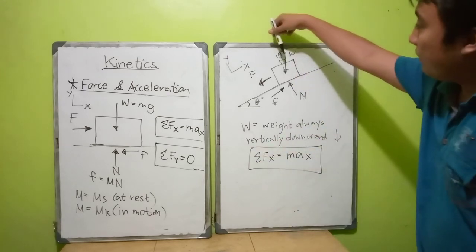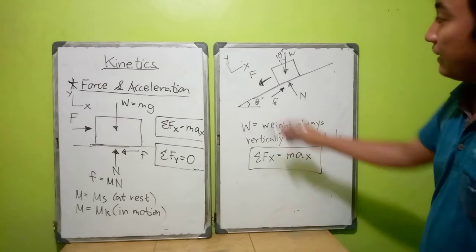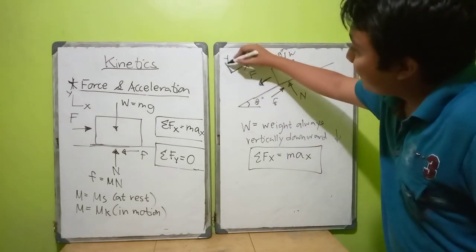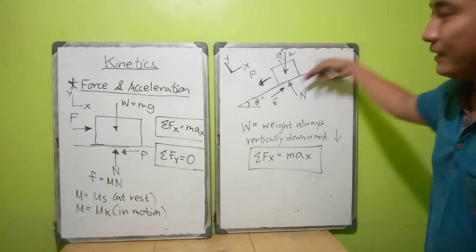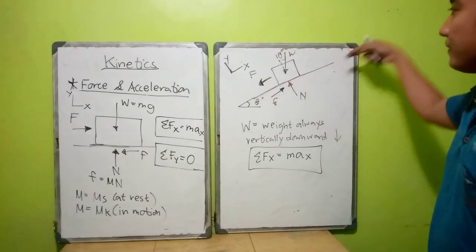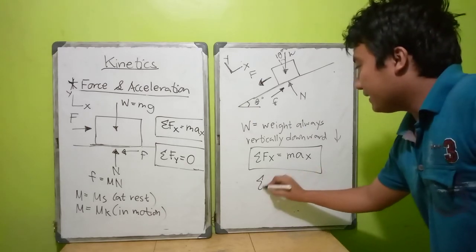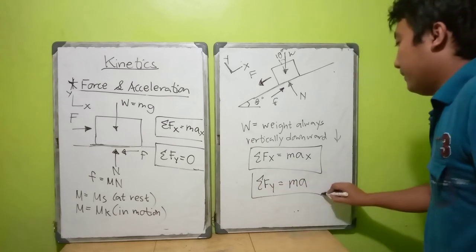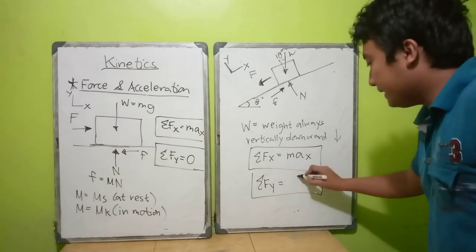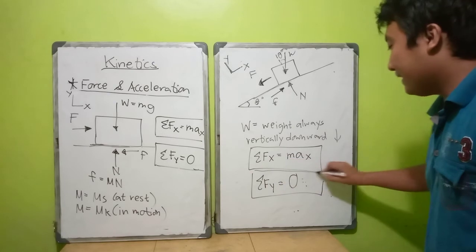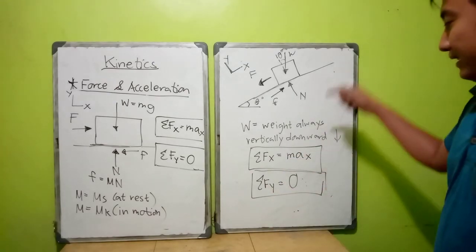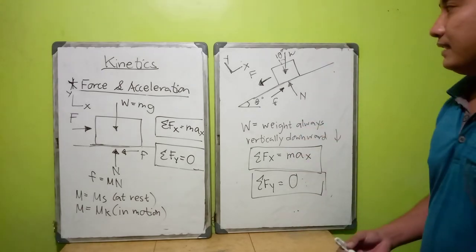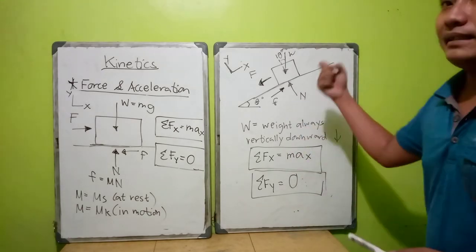But in the y direction, since it is not moving relative to the y axis, your y axis is perpendicular to this platform or surface. So your sum of forces along y is equivalent to 0 since it is not moving relative to the y-axis. It only has mass times acceleration x in the x-axis since it is moving in the x direction.